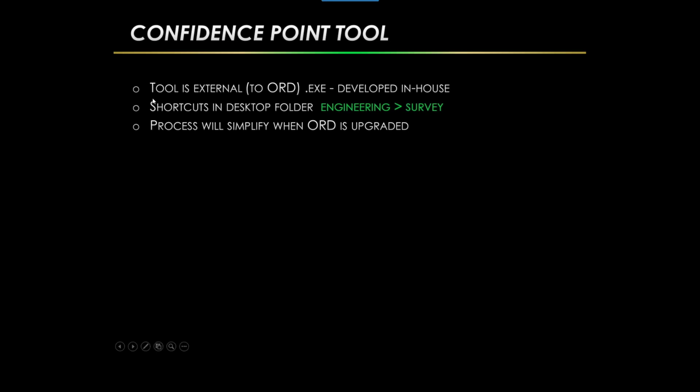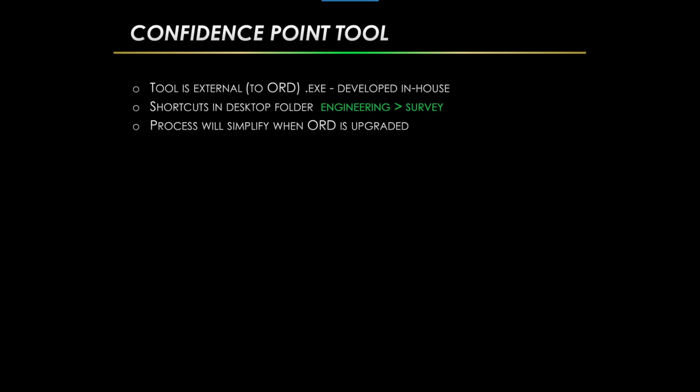The shortcuts for all of this can be found in your desktop folder. I'll show you that in a second. Engineering survey, we have a new survey folder in there. And I'll warn you right now, the process will simplify once our version of ORD is upgraded.